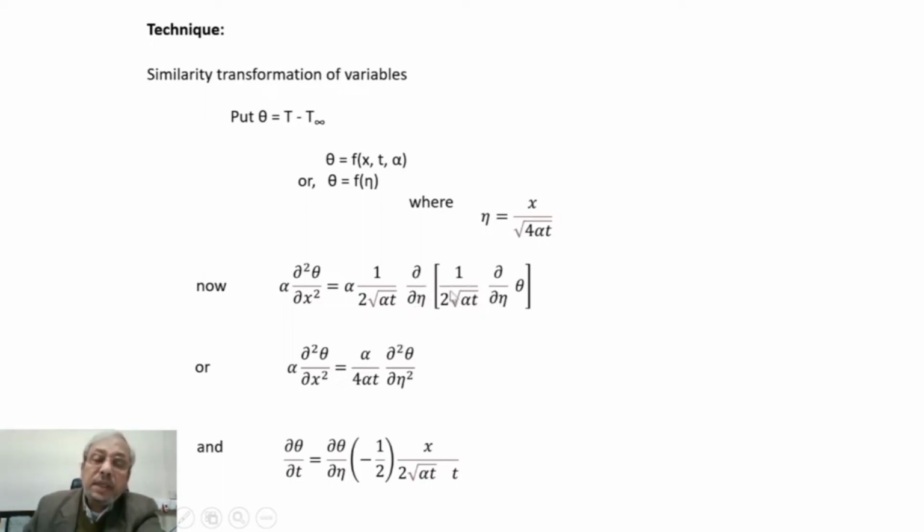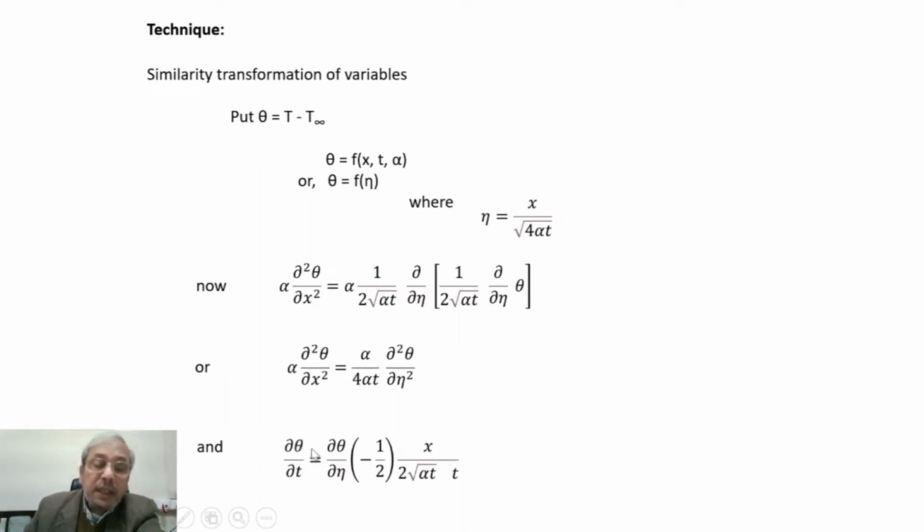So basically this will become alpha divided by 4 alpha t and del 2 theta del eta 2. So this is basically alpha del 2 theta del x2.